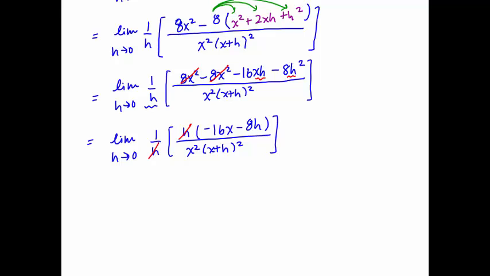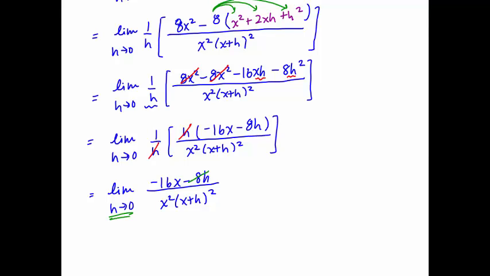So now we have a limit that we can evaluate just one more time, because why not? h approaches 0. Negative 16x minus 8h over x squared times x plus h squared, where h is going to 0. Now, finally, we can make that substitution.